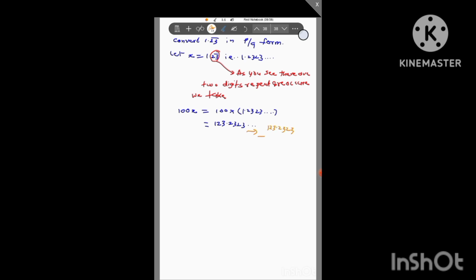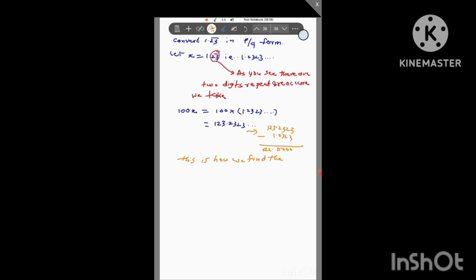We take this quantity 123.2323 and subtract x from this. So you get 122. This is how you can find out the quantity in all the examples.